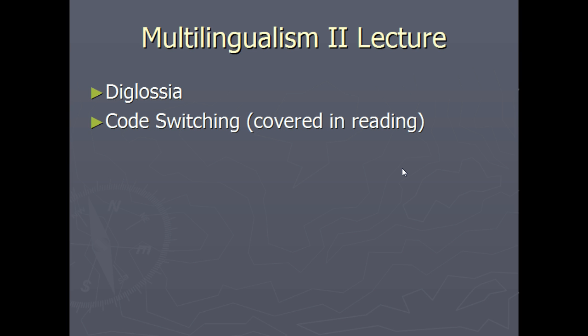And toward the end of the lecture, we will briefly touch on code switching, although it won't be covered in depth here, as you'll have a chance to read substantially about code switching in your readings this week, as well as discussing it in some forum questions. So without further ado, let us jump into diglossia.